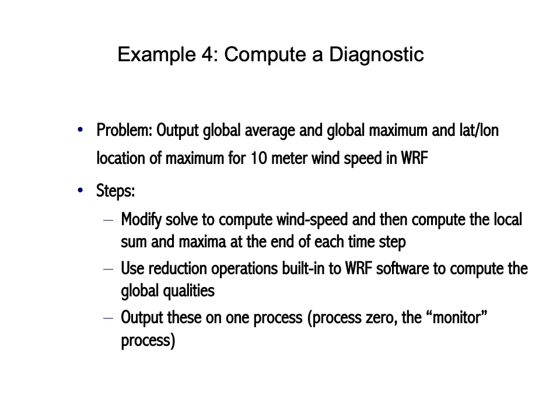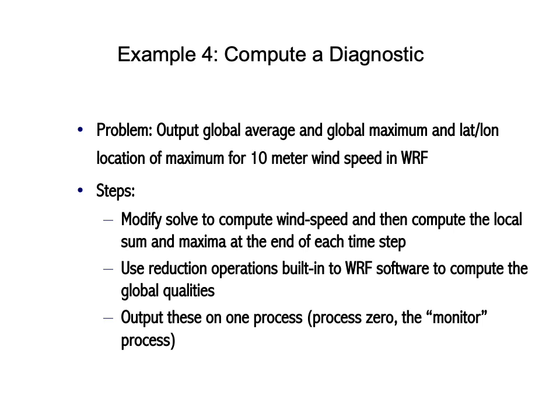So we're going to print out the latitude and longitude. For the 10-meter wind speed, which is a 2D array, at every output time period, we're going to compute an average of that entire 10-meter wind speed. We're also going to select what the maximum value is and the location of that maximum value.